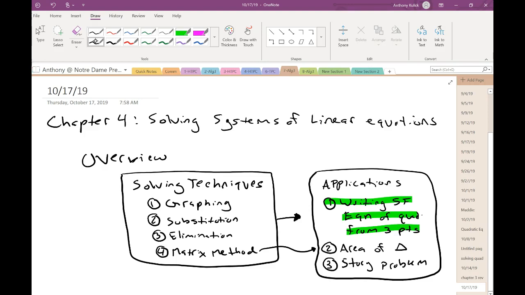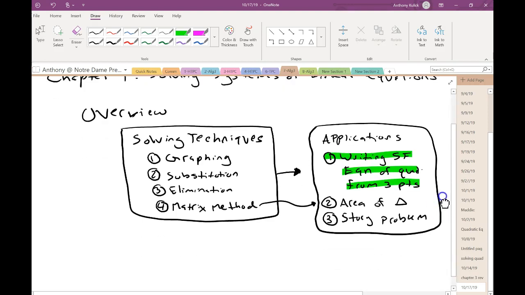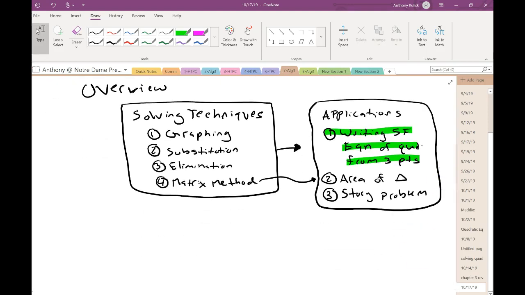Because that's not entirely clear how we could do something like that if we didn't know the vertex, or didn't know the x-intercepts or something. If we don't know anything about the specific points we're given, not entirely clear what we would do.